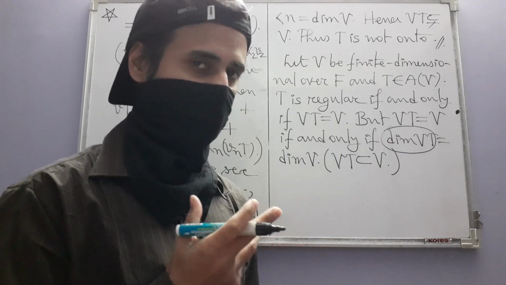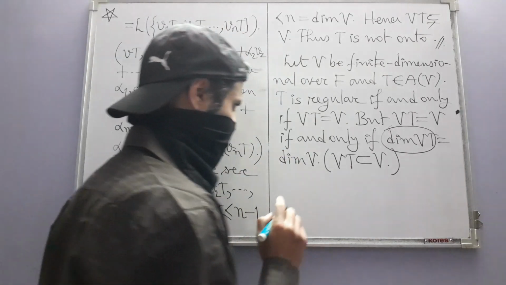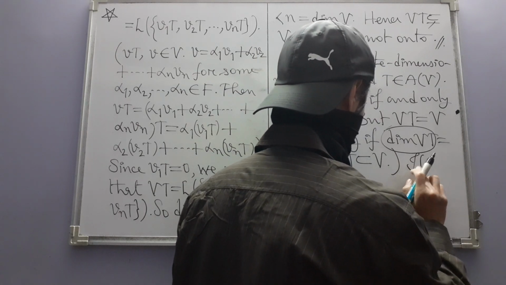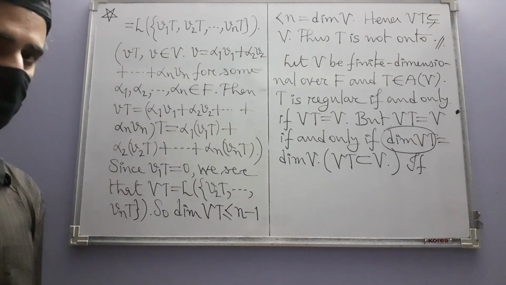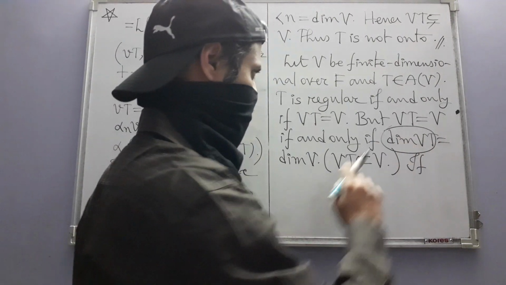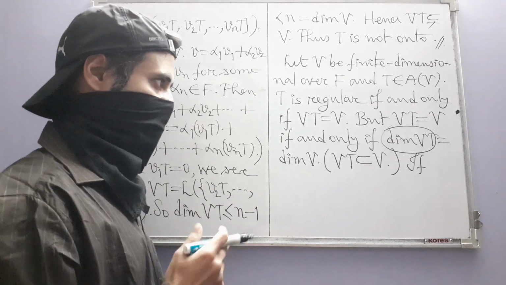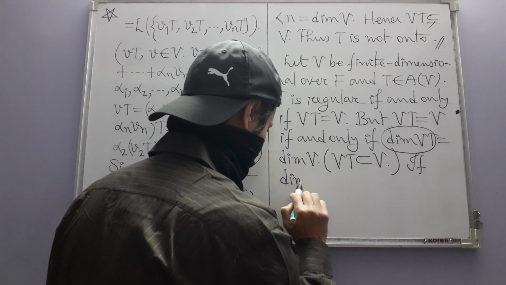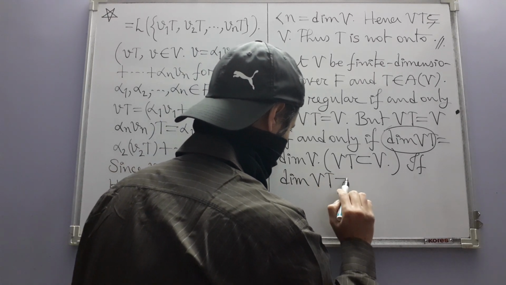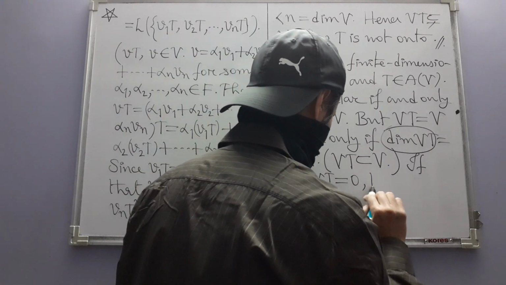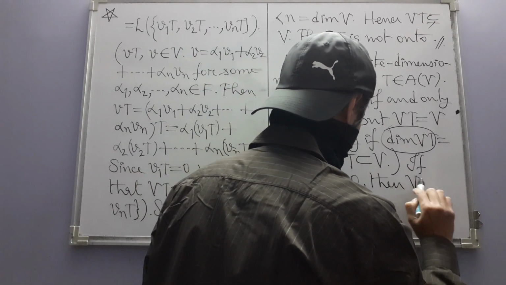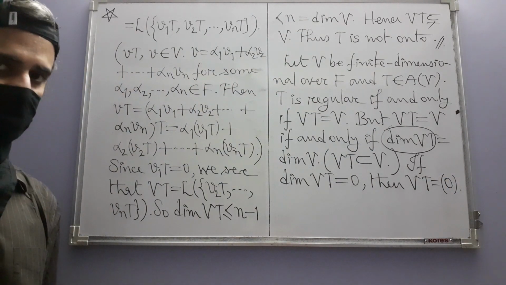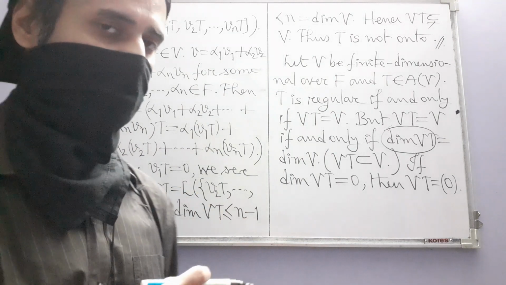It may be a little confusing to see what this means, but let me show you the other extreme. This is the one extreme value of this dimension of Vt. However, because it's the dimension of a subspace, it can also be 0. That is the smallest value it can have. If the dimension of Vt is 0, then Vt is the 0 subspace of V, because only the 0 space has 0 dimension.